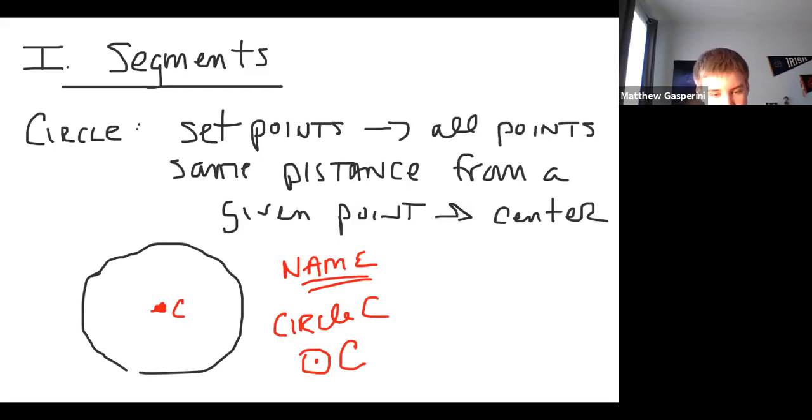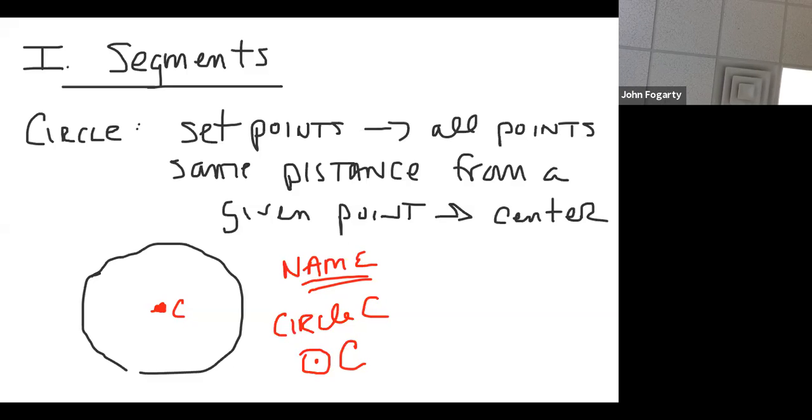Yes, sir. All righty. But the problem is, that's not a line segment. But there are some line segments in our circle that we are very familiar with. The first one we're going to talk about is the radius. These are all line segments, and the plural of radius is radii.